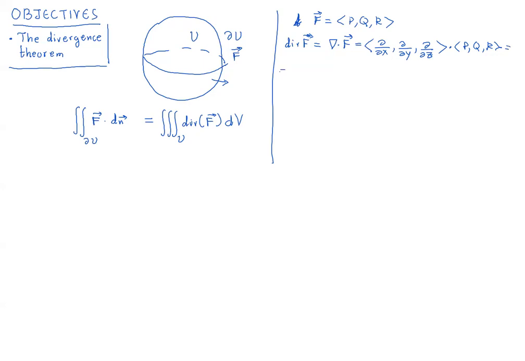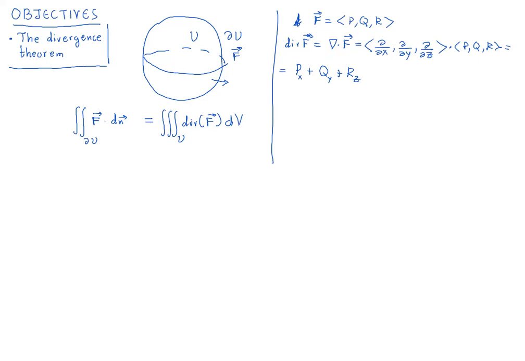So here you will take the derivative of p with respect to x, the derivative of q with respect to y, plus the derivative of r with respect to z. And that's it.